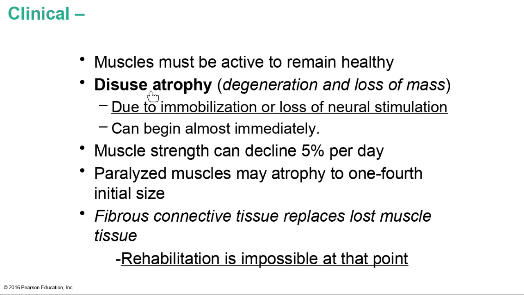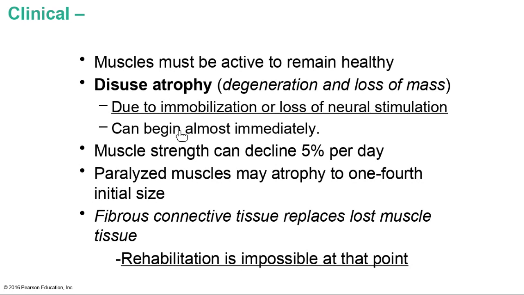Now, what are some causes of this? Immobilization, typically due to damage to the spinal cord, for example, or to nerves. If you sever a nerve that is supplying a muscle, then you're not giving any stimulation to that muscle, so the muscle will atrophy.